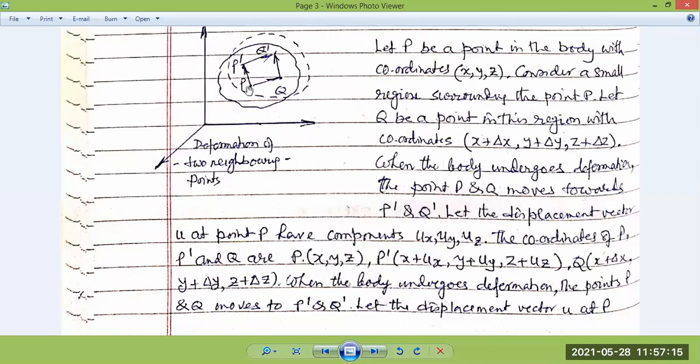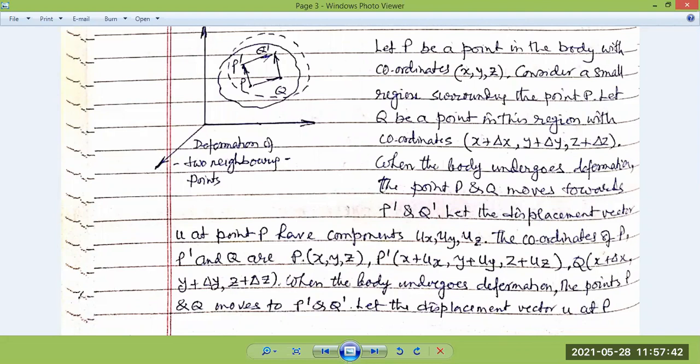Because the displacement vector PP dash, if you resolve it in three components along the x, y and z directions, it will become ux, uy and uz. So the coordinates of P dash we achieve by adding ux, uy, and uz to x, y, and z, which is the initial coordinate of P. So P dash becomes x plus ux, y plus uy, z plus uz.